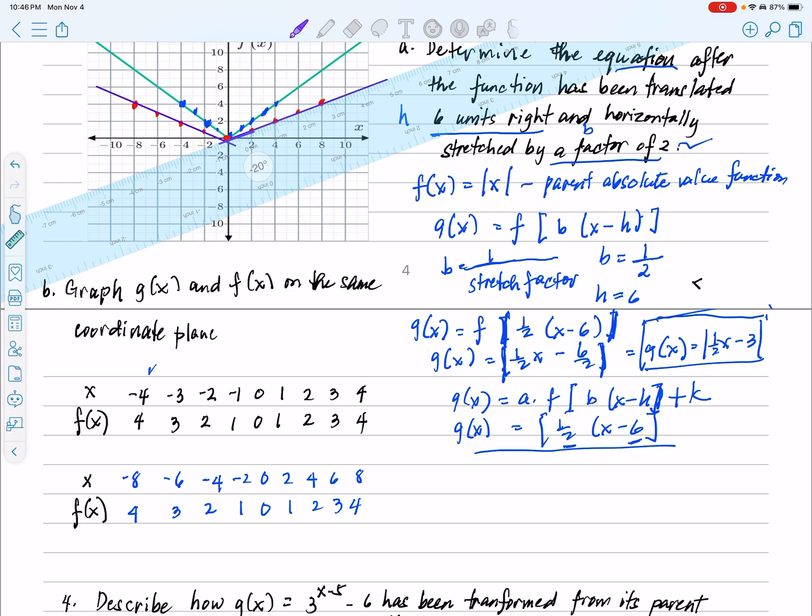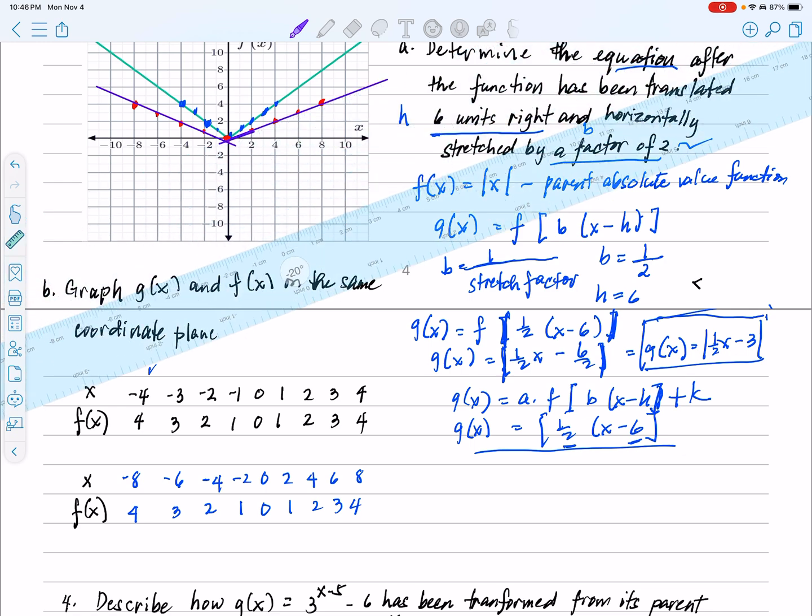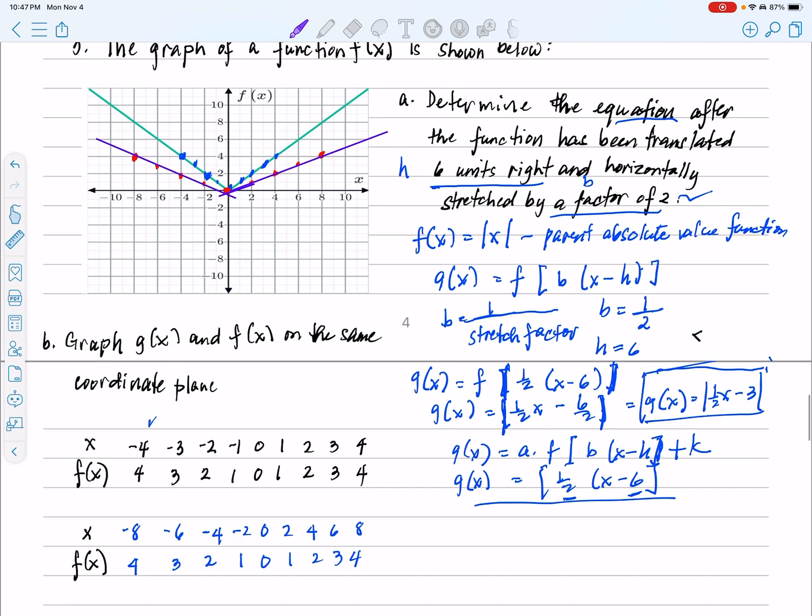So what did I have here? It's a stretch. From this green one, it's a stretch. Okay. So after stretching, we simply need to shift all the points on the graph 6 units to the right.